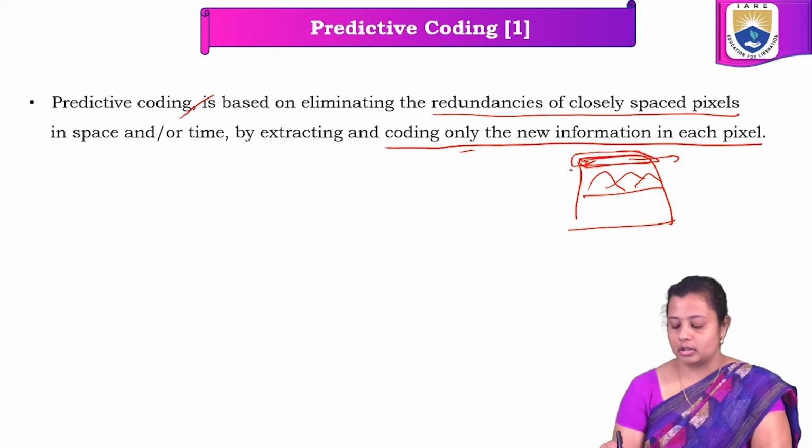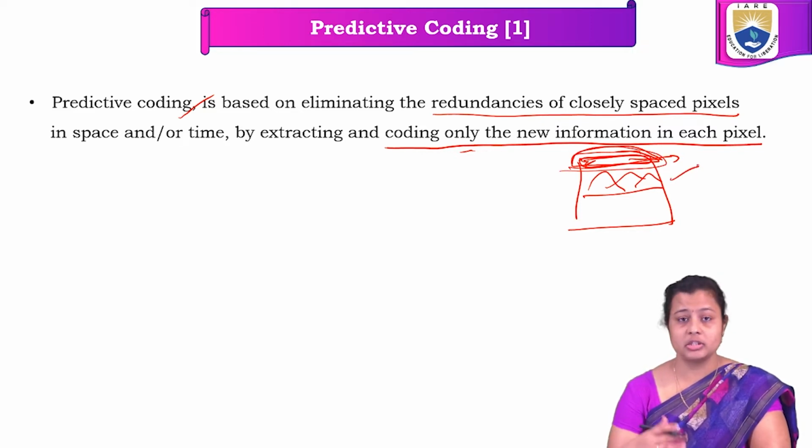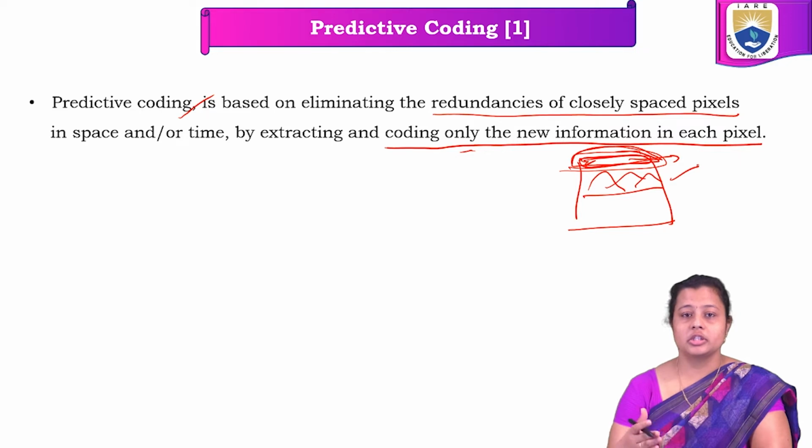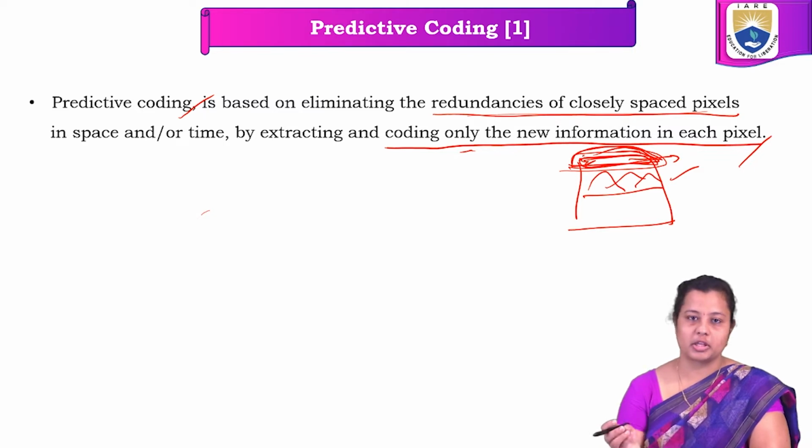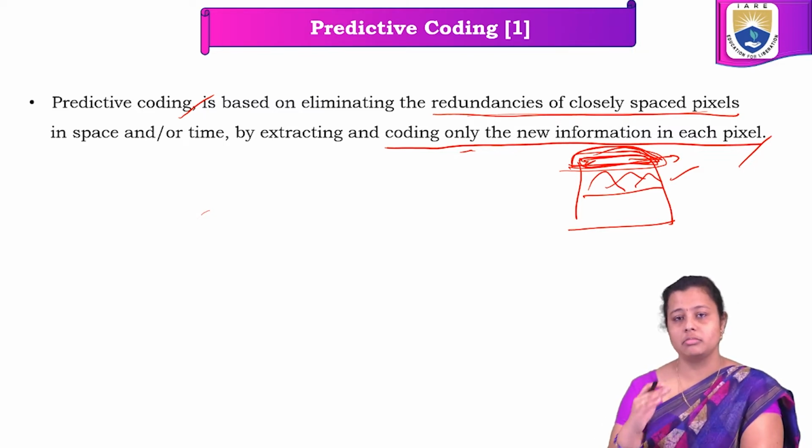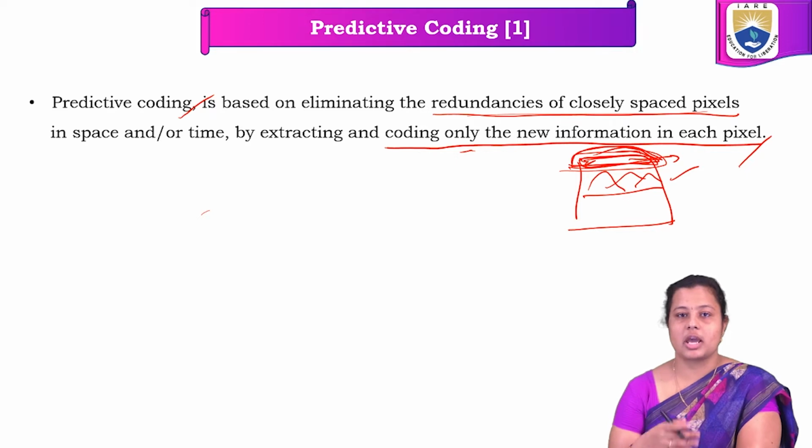If we say that all these pixels are the same and code them using a single value, then we are able to reduce the redundancy. We can do this only when we are not losing information. For such kind of redundancy we can use predictive coding. So we code only the new information in each pixel, not the exact information, but the new information, if it exists, from the previous pixel to the next pixel.